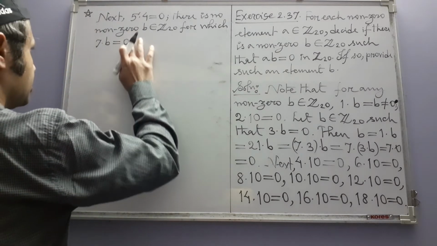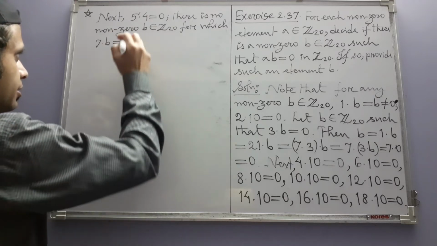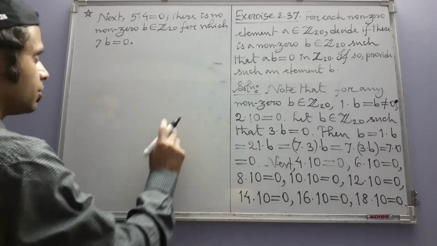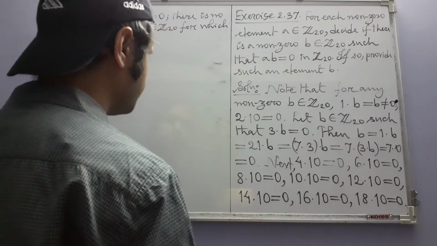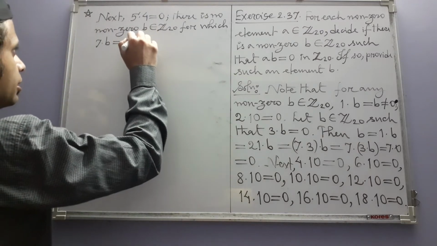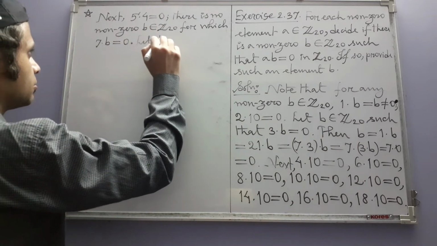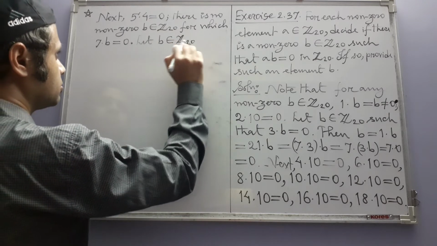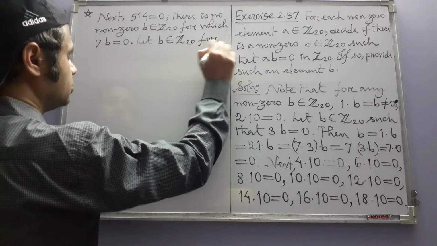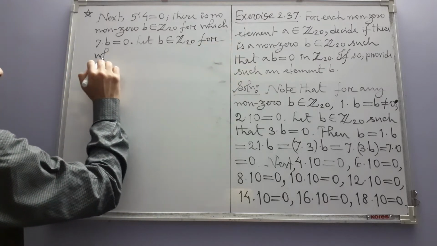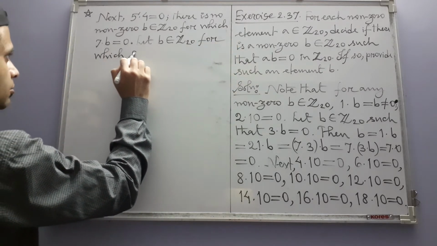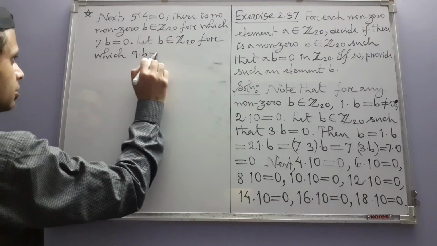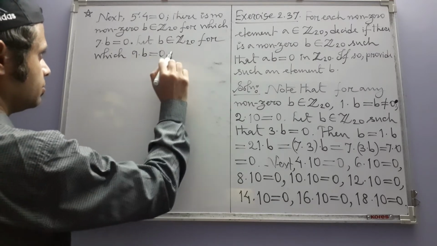It is the same thing, but the calculation is a little different from what we have here. Let b belong to C20 for which 9b is equal to 0.